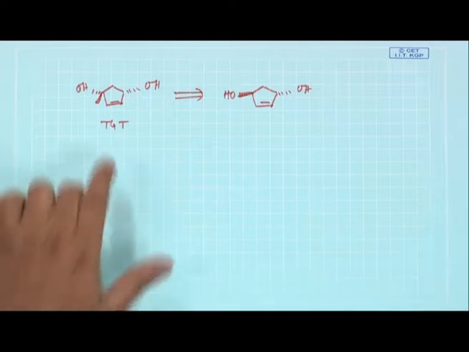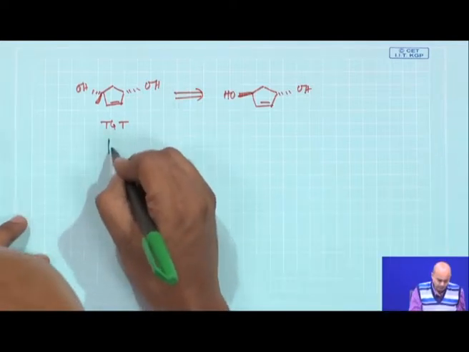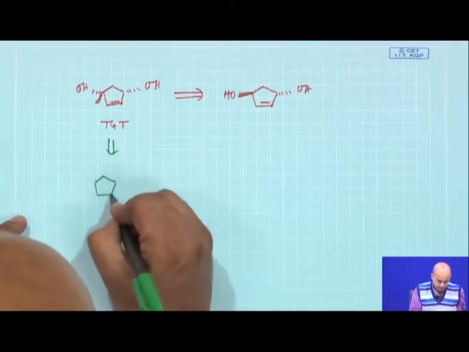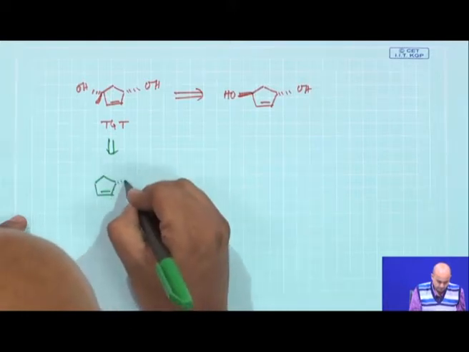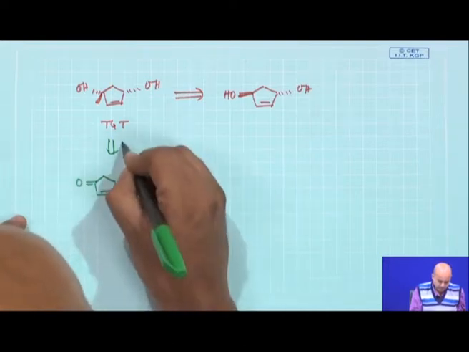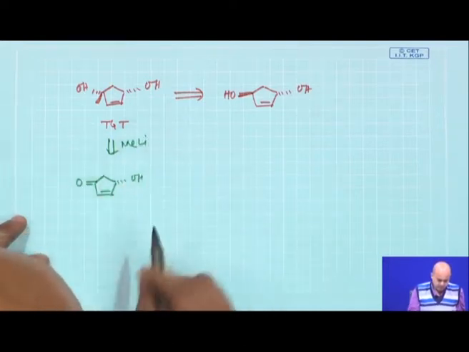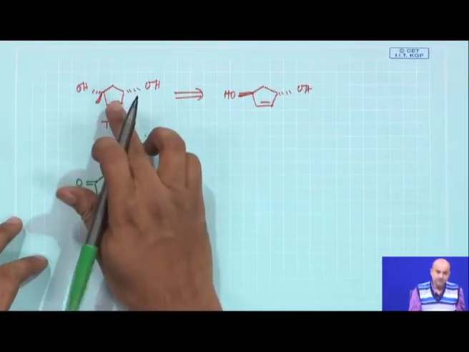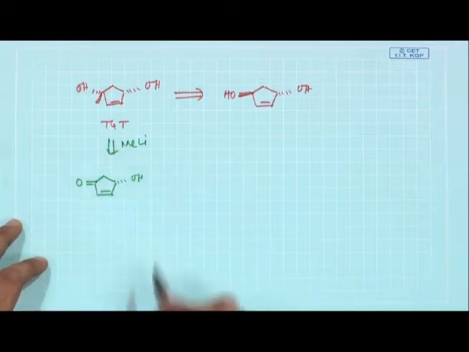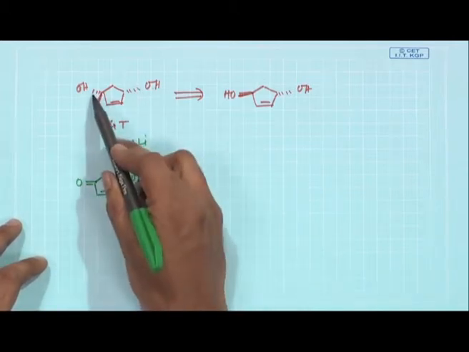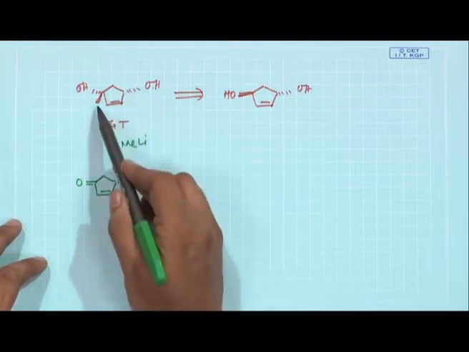Now, if you analyze what you basically need, you need addition of a methyl lithium on this carbonyl compound. Okay. The stereochemical aspects we will also be considering. You see, both the OH are below the plane of this cyclopentane ring, and the methyl which is coming is above the plane.